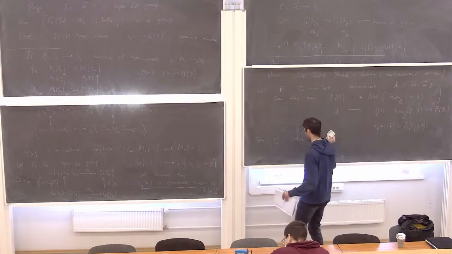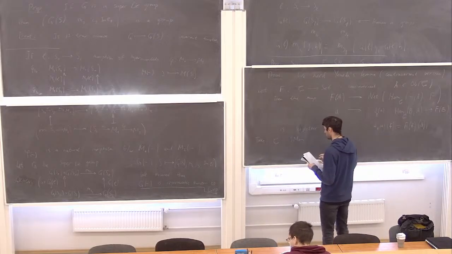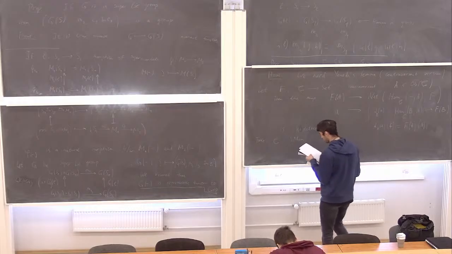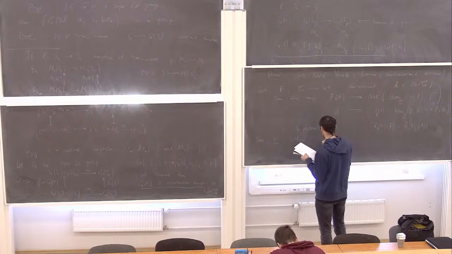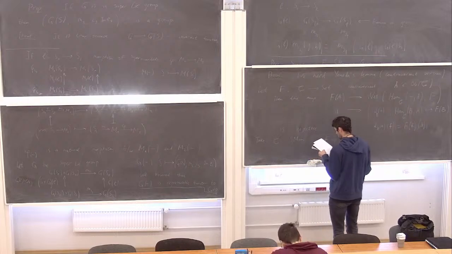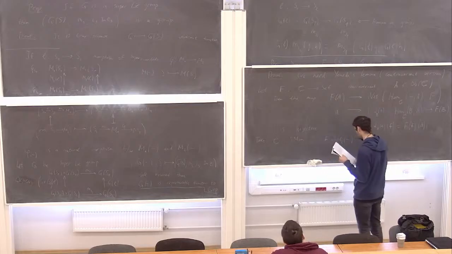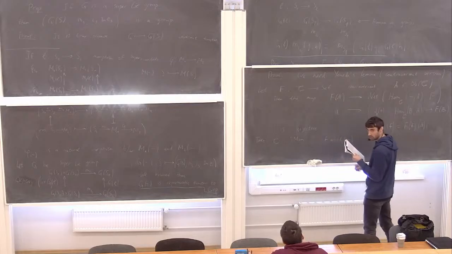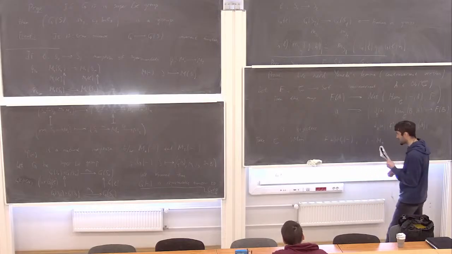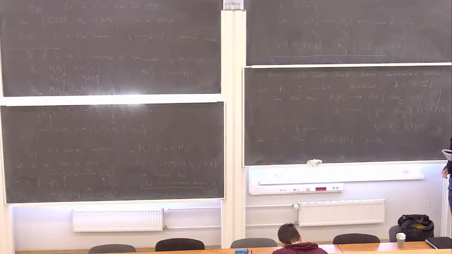So maybe let's take C, this one, but then suppose that I have F. I just take M2 of something, where M2 is a super manifold, and A to be just M1, where M1 is another super manifold.